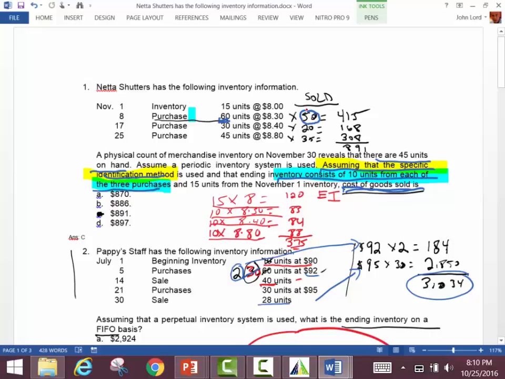Okay, and if they're telling me there's only 10 left after a purchase of 30, that means I sold 20. And if they're telling me there's 10 left after a purchase of 45, that means I sold 35. Good. I go ahead and I do the extensions. Does that give me the answer? Okay.